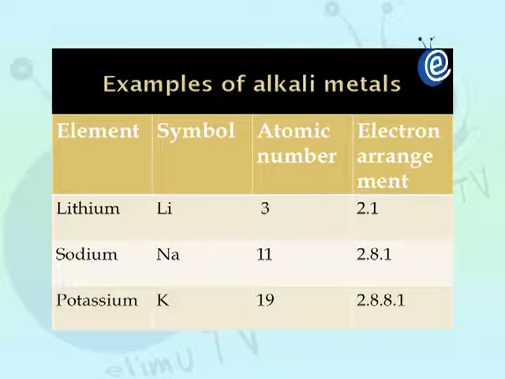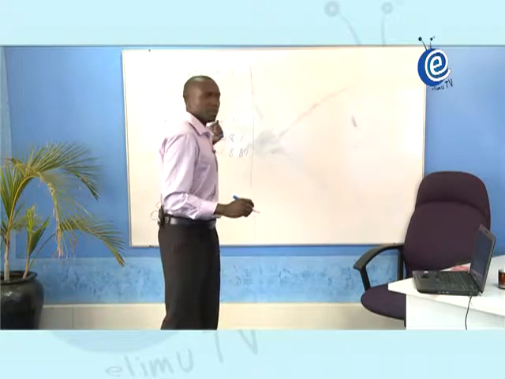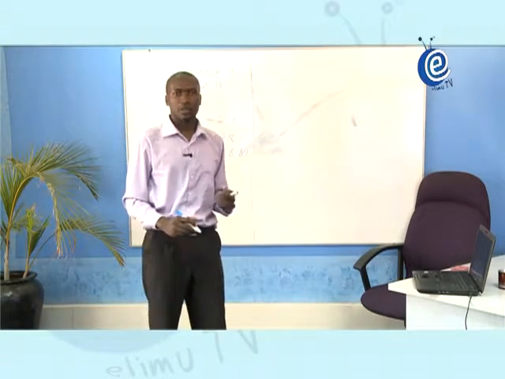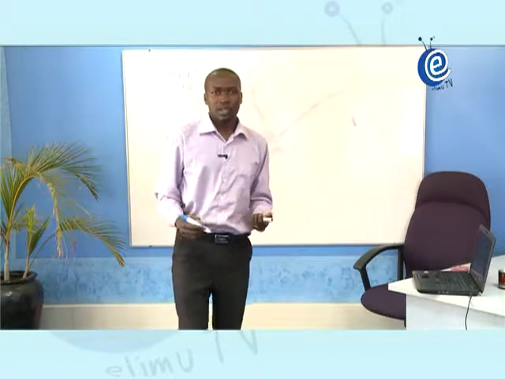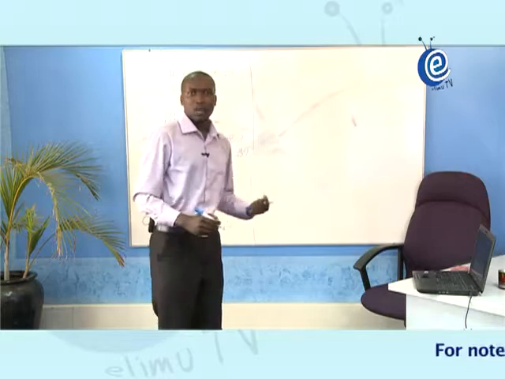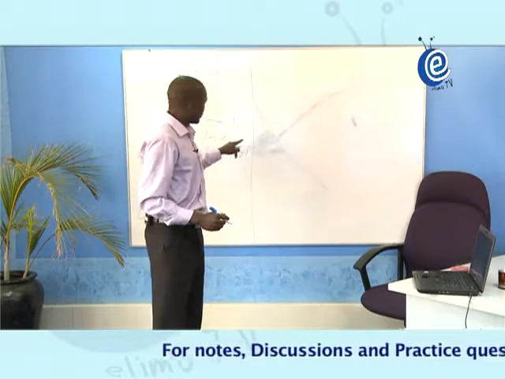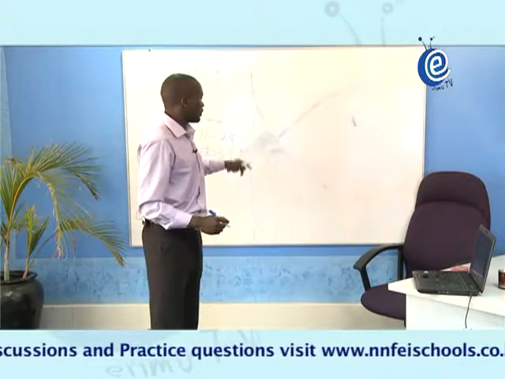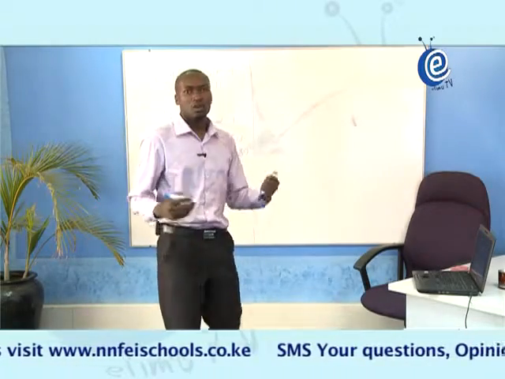So what can you ascertain from all this? We realize that all these metals have 1 electron in their outermost energy level. There's a common trend: 1 electron in the outermost energy level in lithium, 1 electron in the outermost energy level of sodium, 1 electron in the outermost energy level of potassium.